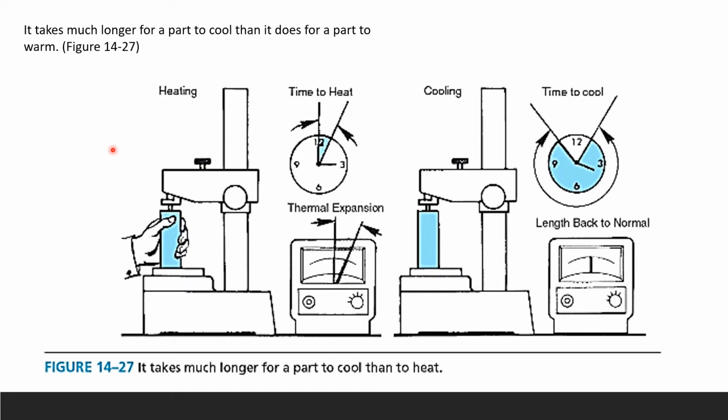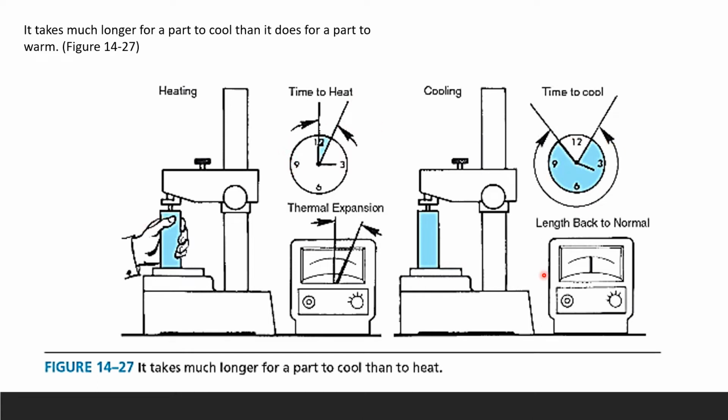It takes much longer for a part to cool than it does for a part to warm up. Same thing here, right here is your part, it's heating. So this is your time to heat, and we can see your thermal expansion. Cooling, we're cooling the part down. Time to cool. When you look at it, time to cool down takes more time than time to heat.